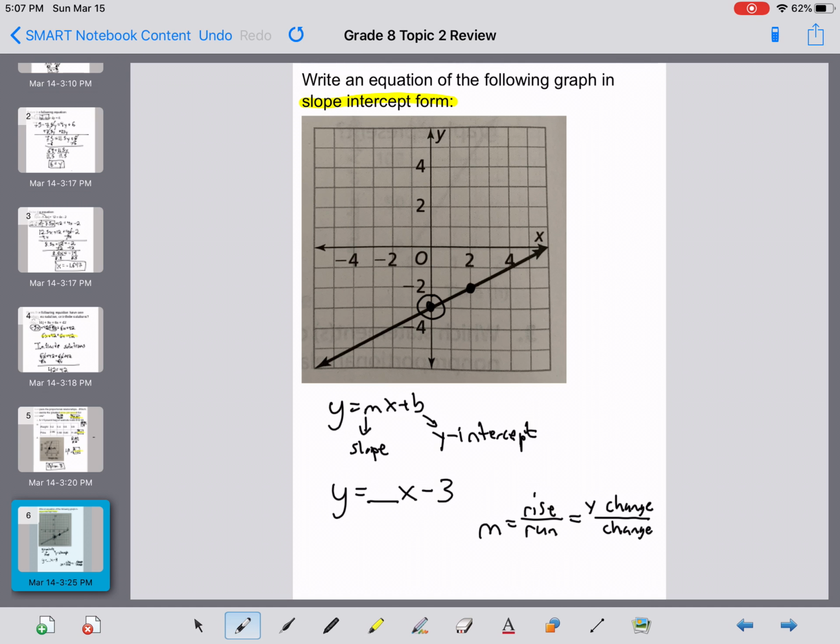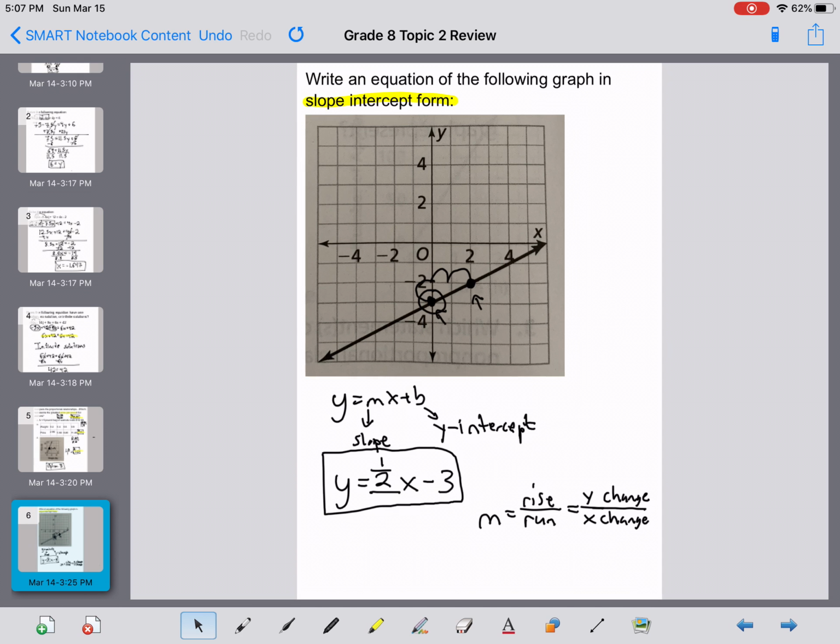So it's the change in y over the change in x. So to get from this point to this point, I have to go up 1, so that's a positive 1, and then I have to go over 1, 2, so my slope is 1 over 2. So my equation is y equals 1 over 2x minus 3.